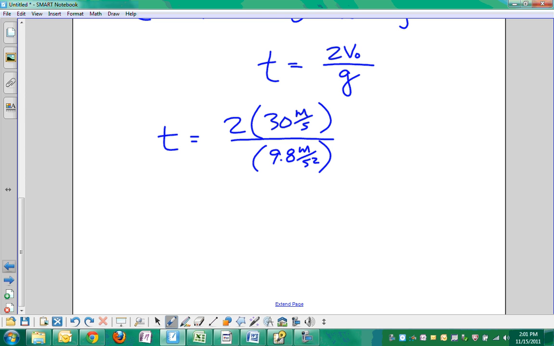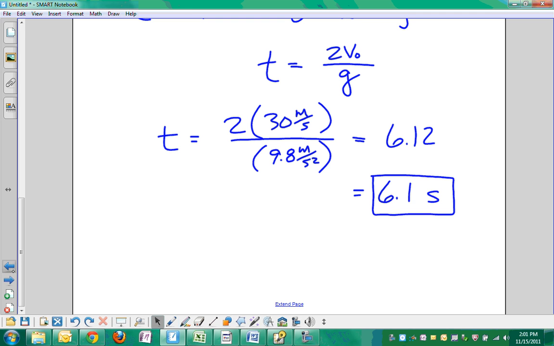That'll give us seconds, dimensionally. So 60 divided by 9.8 is 6 and a little teeny bit. What is it? 6.12. Yep. We call that 6.1, but that's probably too precise. 6.1 seconds is how long it would take to get back to the original position.